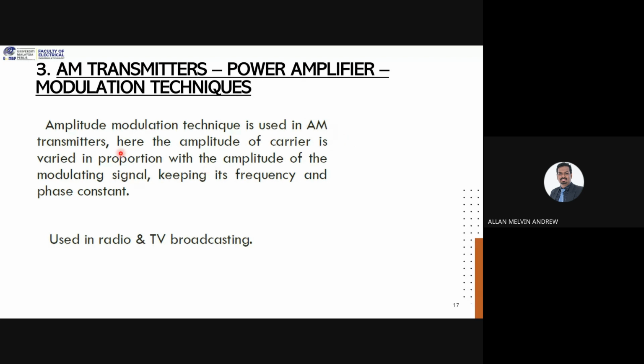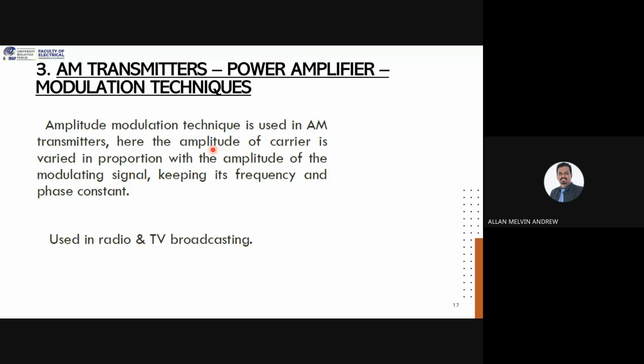Amplitude modulation, we know, has a carrier signal, and you have your message signal with the amplitude. When you combine them together in the modulation, the modulated signal will follow the waveform of your message. That's why we call it amplitude.